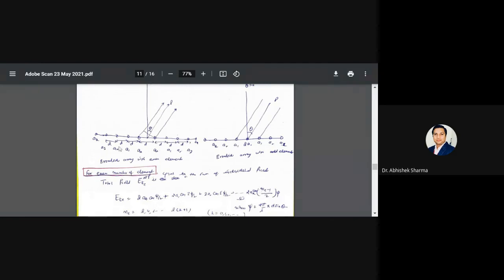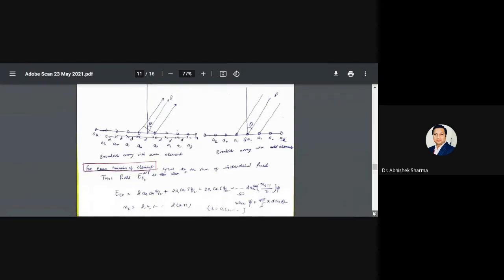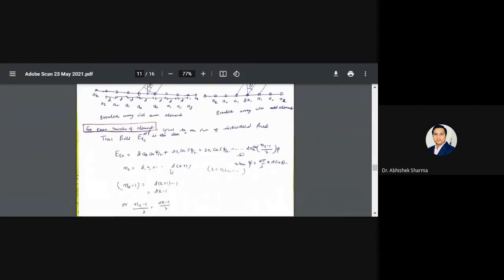Over here it is 10. So here ne is 2, 4, 6 up to 2k plus 2.